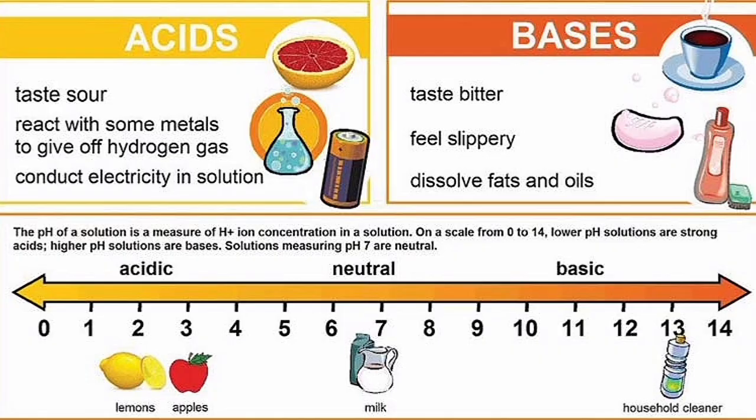Right, pH. pH means potential of hydrogen. So the pH scale is defined as the measure of the acidity or alkalinity of a solution. How acidic is a solution, or how basic, how alkaline is it? The pH scale measures that.